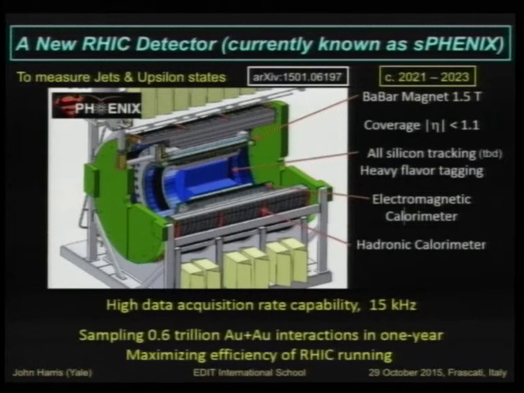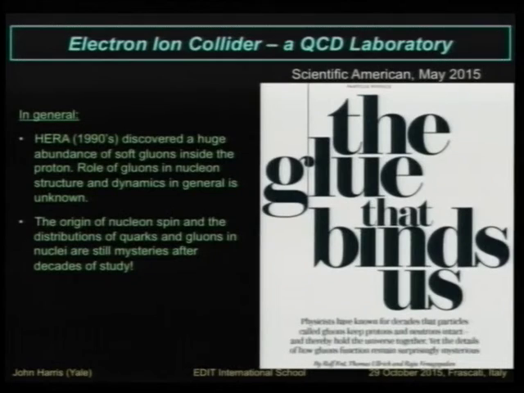It's high rate data acquisition and both electromagnetic and hadronic calorimetry inside the BaBar magnet, which was moved from SLAC and is now at Brookhaven. So it's going to have tracking on the inside to do heavy flavor tagging, and both electromagnetic and hadronic calorimetry over large solid angle to maximize RHIC running, so that measurements could be done like the ones I showed you from the LHC, but at RHIC.